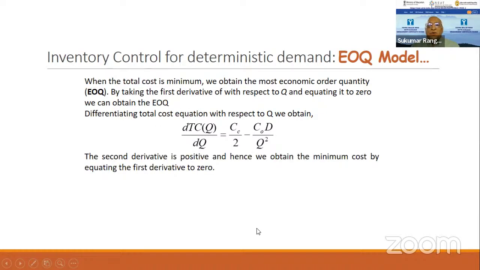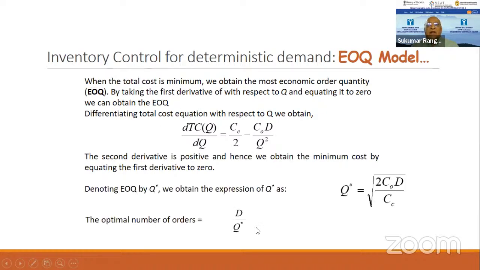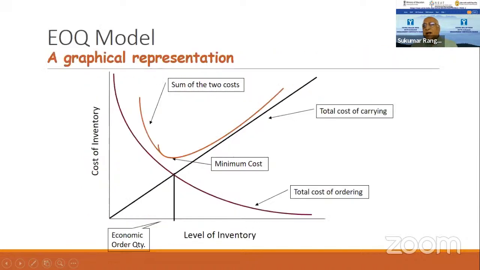So the idea is, let me go directly to the graph. See, this is the graph. It shows the level of inventory you are carrying with respect to the cost of inventory. If your level of inventory is such that the cost is very high, this is the total cost of ordering. If there are more orders, the cost will be more, obviously.